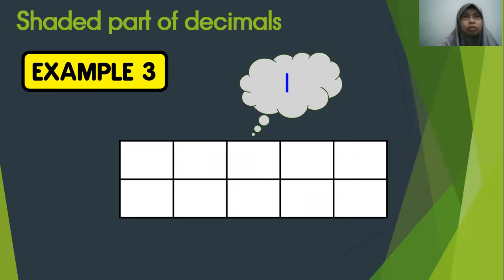How many shaded parts? 1, 2, 3, 4, 5, 6, 7, 8, 9, 10. That means 1 refers to all parts we must color. That's how we color the parts of a decimal.